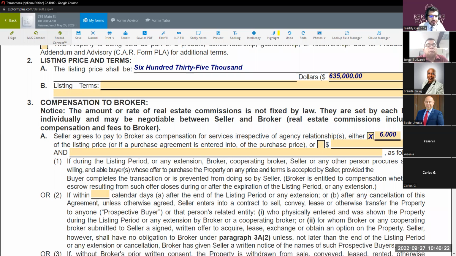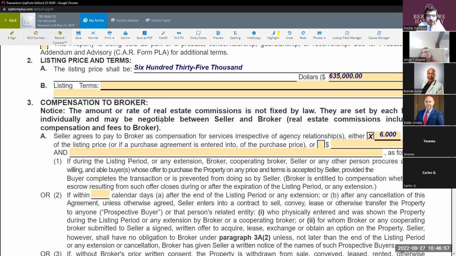When it comes to commission, compensation to broker, notice the amount or rate of a real estate commission is not fixed by law. They are set by each broker individually and may be negotiable between seller and broker. Real estate commissions should include all compensation and fees to broker. We had a class with our legal counsel, Bill Johnson, about a month ago, and when it comes to TC fees, we can no longer charge TC fees to our sellers.